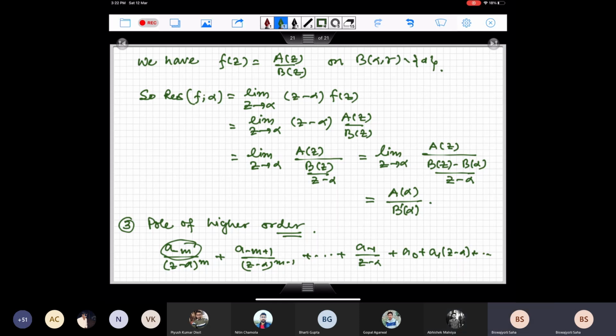So it's not going to come as simply as in the case of a simple pole.